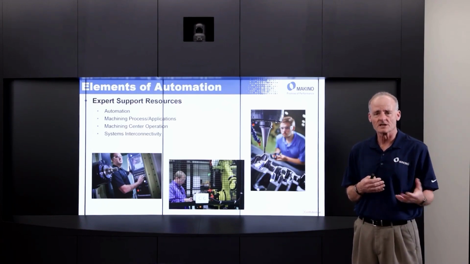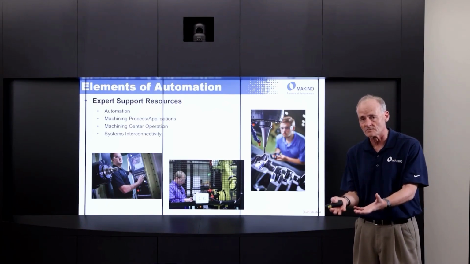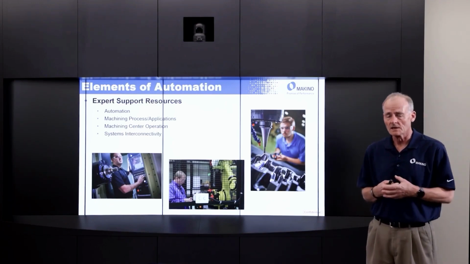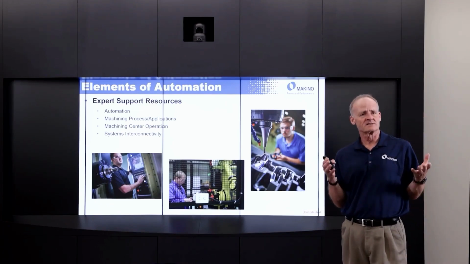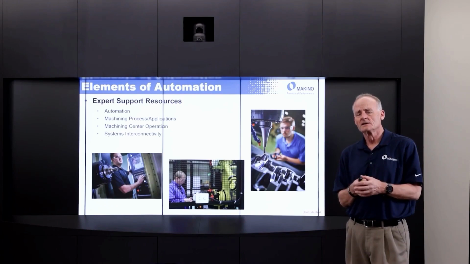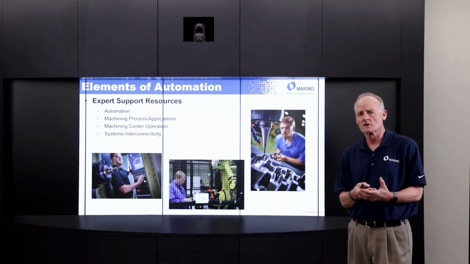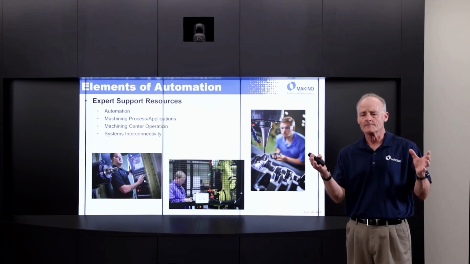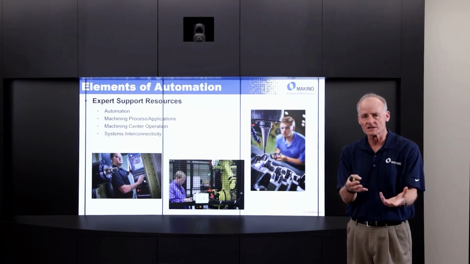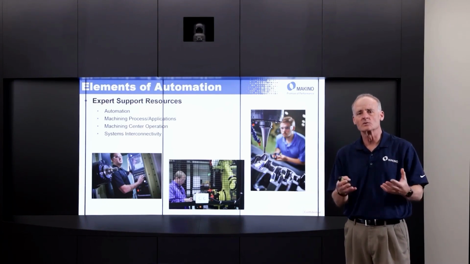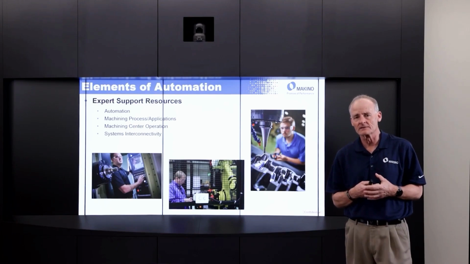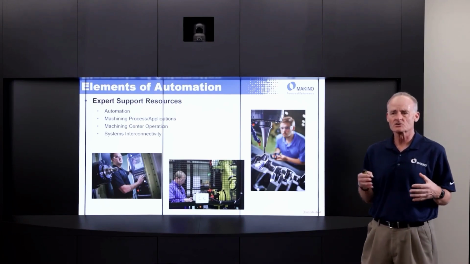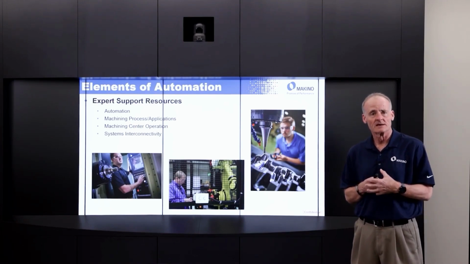You want those options available to you, so you may need some engineering support from the machining center group. And then there's systems interconnectivity. Here at Makino, we've got a very strong automation and system support group that is able to work with you to make sure your machining center automation is connected within your particular plant and environment, to make sure that everything communicates together.